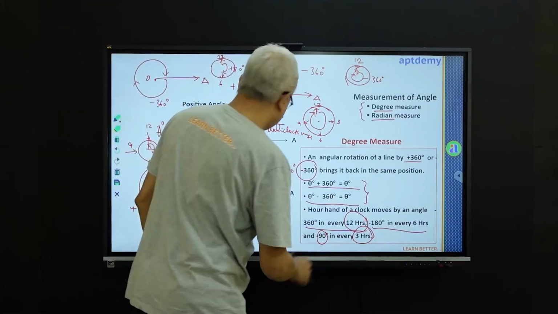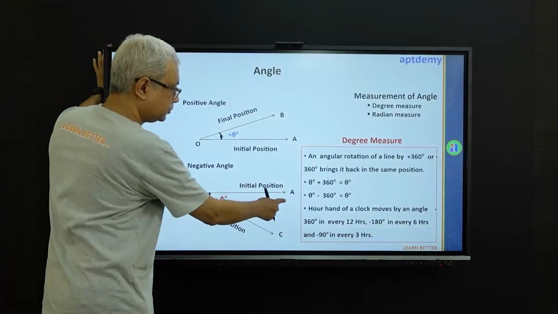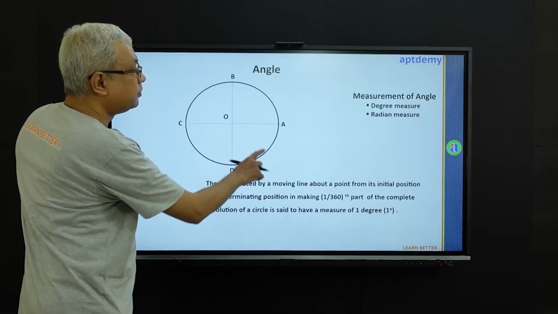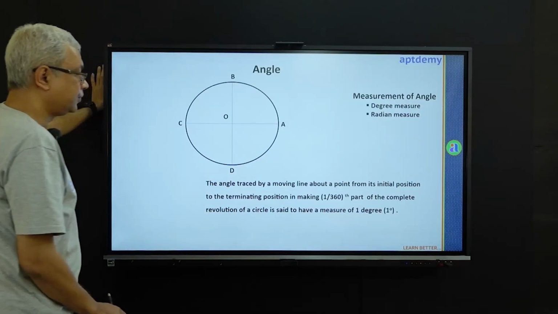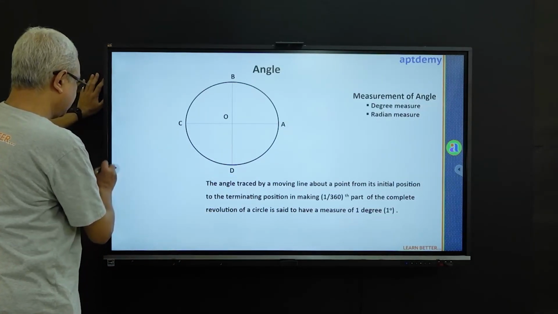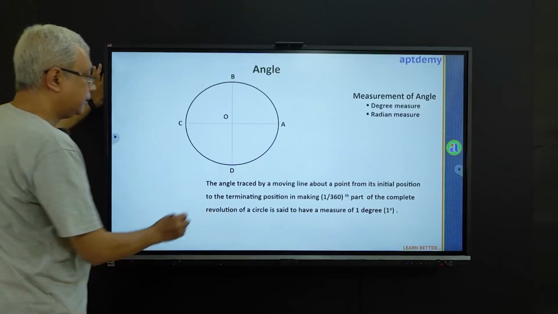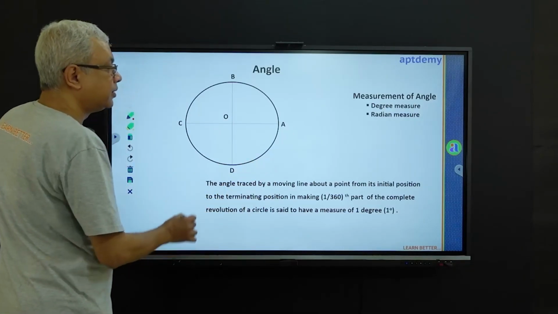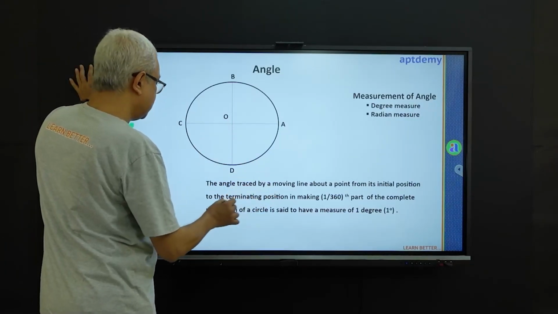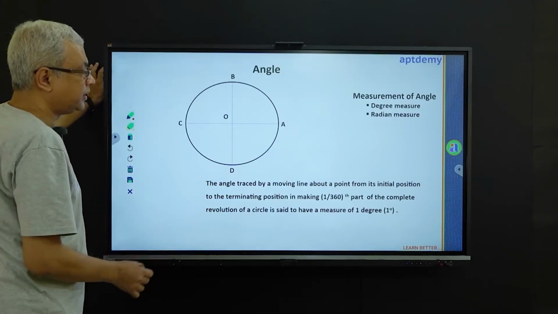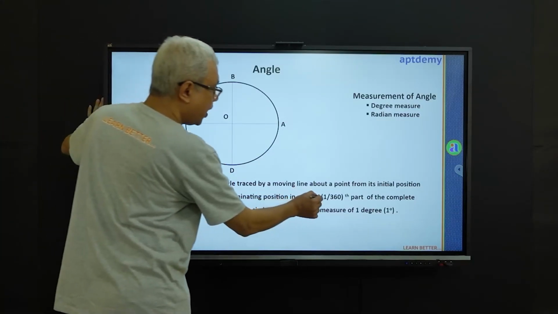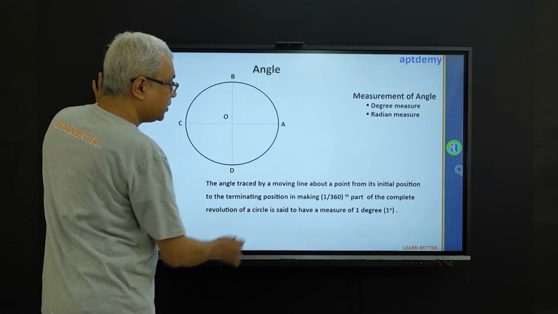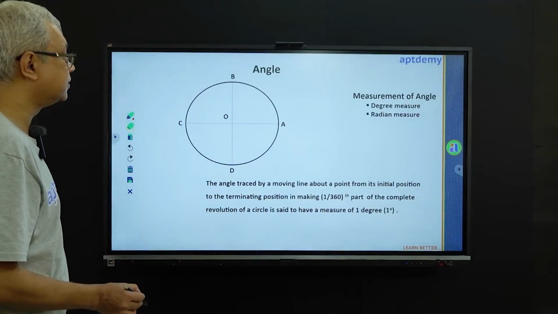Now let us see what you understand by 1 degree of an angle. The angle traced by a moving line about a point from its initial position to the terminating position in making 1/360th part of the complete revolution of a circle is said to have a measure of 1 degree.